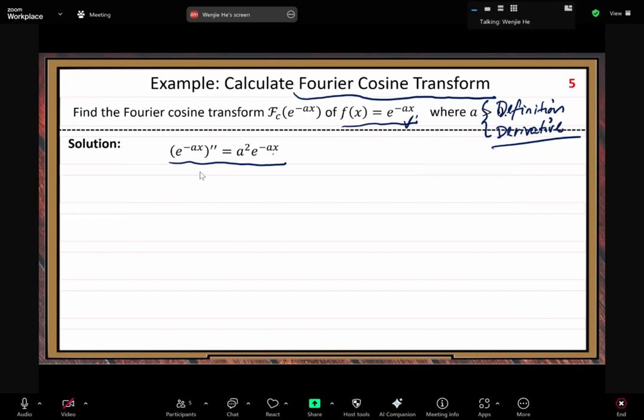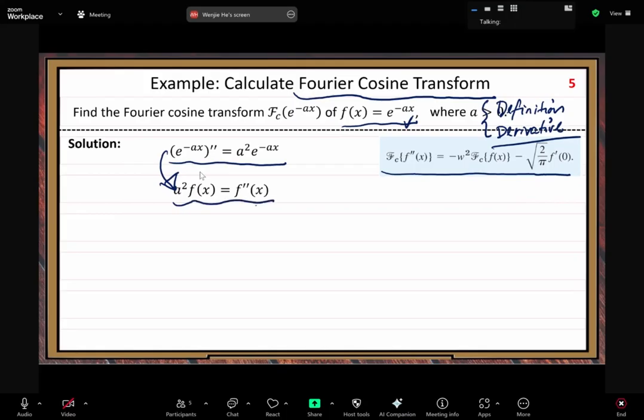So from this simple observation, we are going to use this second derivative Fourier cosine transform formula. From this one, we can see we have a squared times f of x equals f double prime. That's the special property of this function.